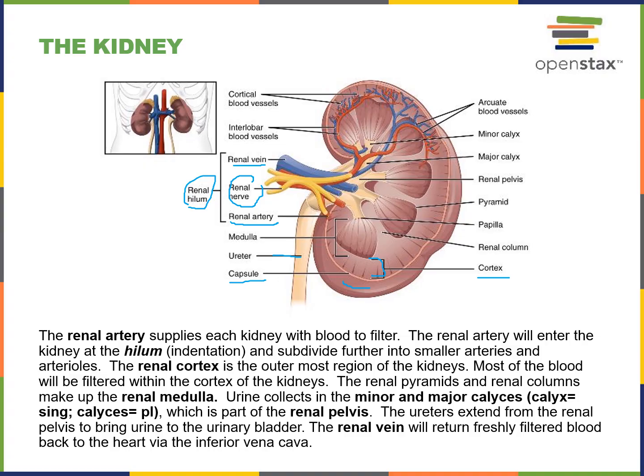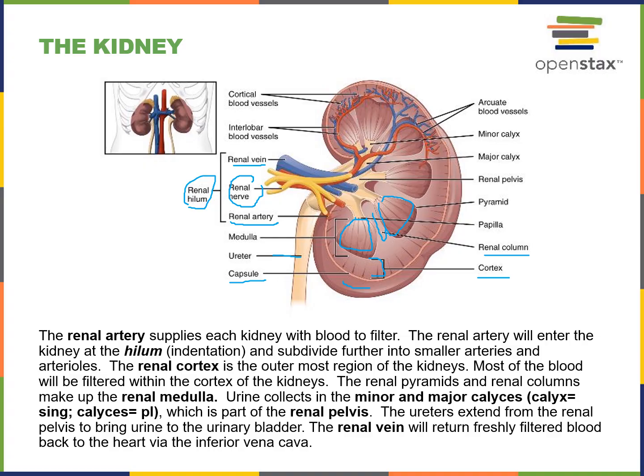Then we see these triangular structures, which are referred to as renal pyramids. The renal pyramids have a bit of cortical tissue between them. That cortical tissue is what's referred to as a renal column.